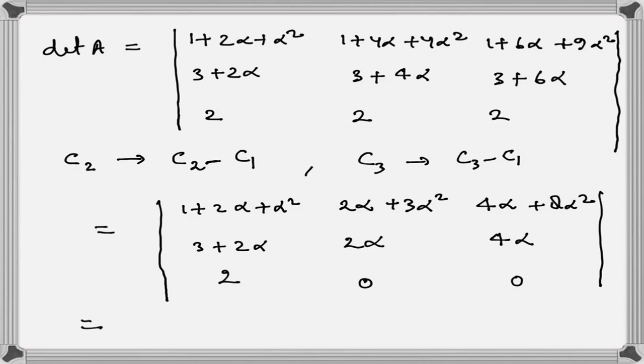Now we can just open the determinant across the third row.